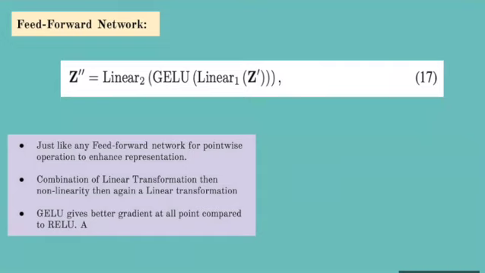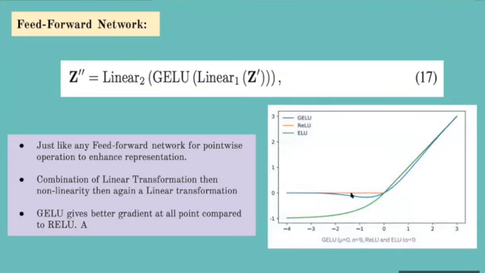The main benefit of GELU is that it gives better gradient because it has much more refined curvature compared to ReLU. You can see from the image here that ReLU is very straight, but GELU, the blue line, has a little bit more curvature to it. So the gradients are much better when the weights are updated.